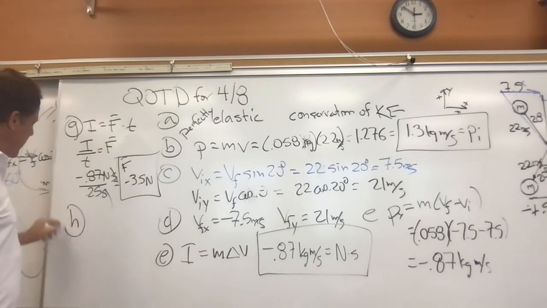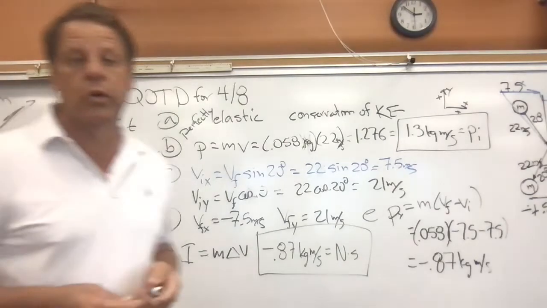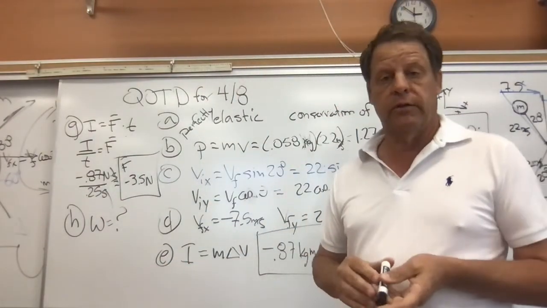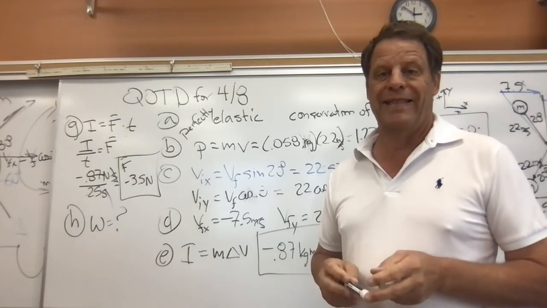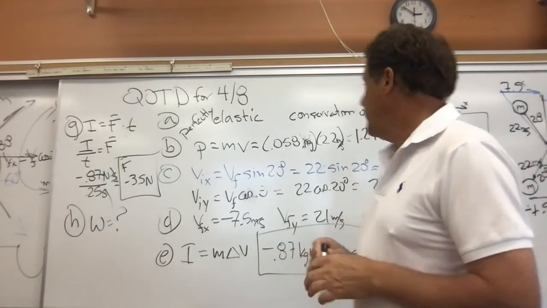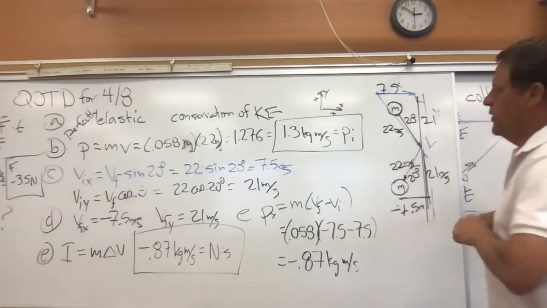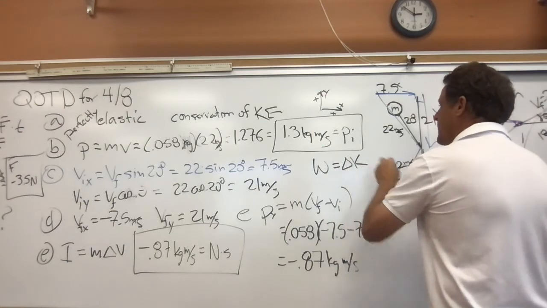And finally, H. How much work is done? Now this, you guys, this is really perplexing because there is no work that is done. And if we kind of go back to here, okay, remember that work is equal to the change in kinetic energy.